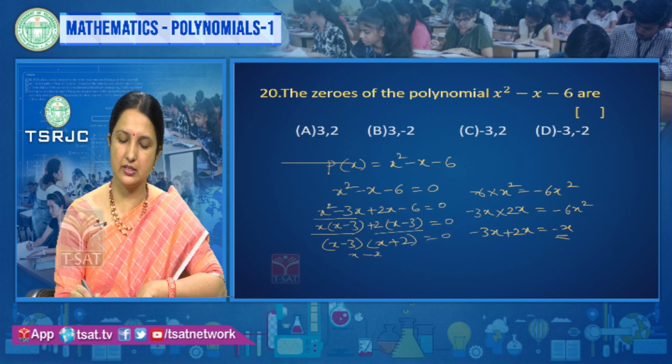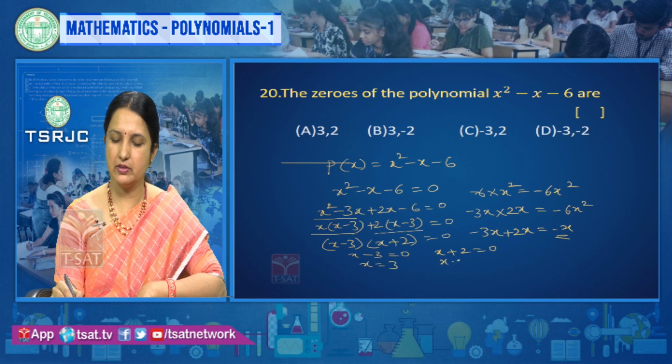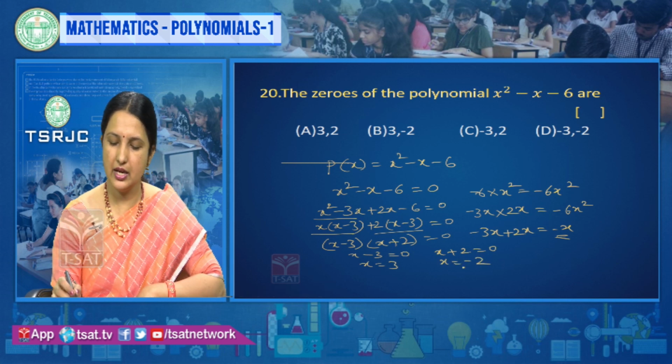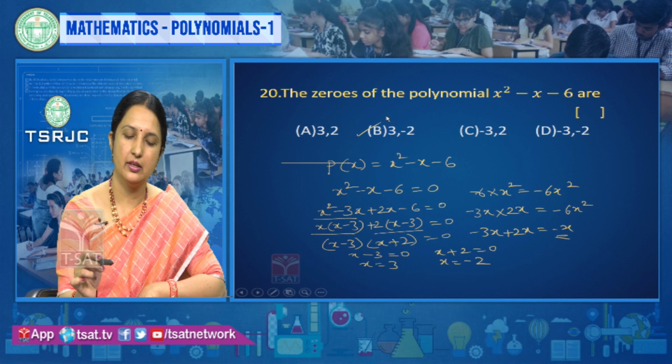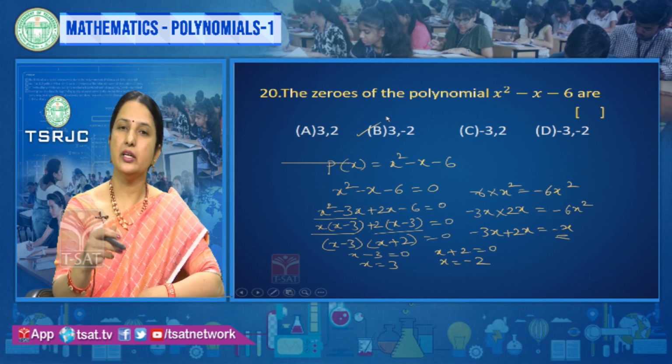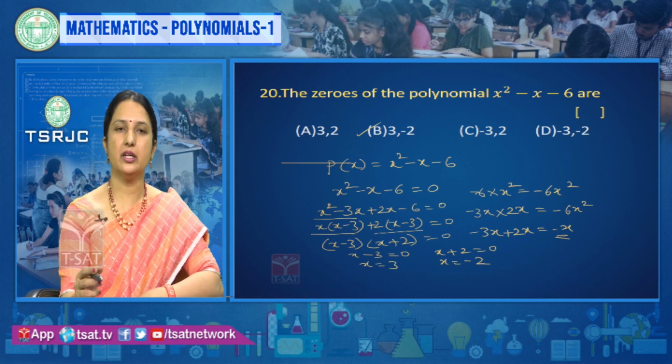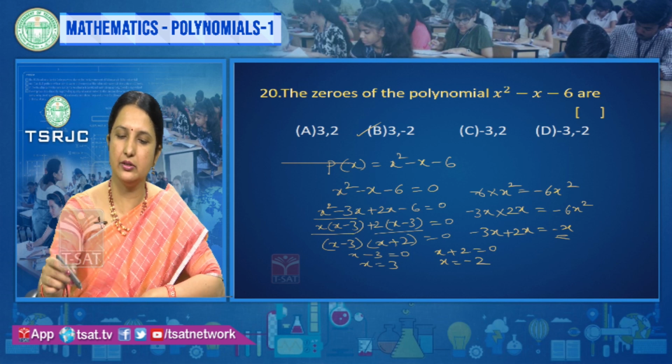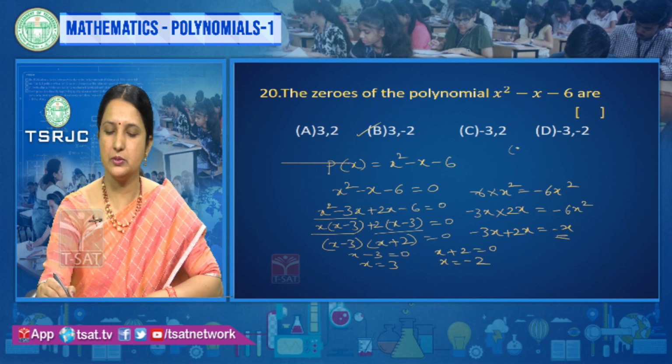So when x minus 3 equals 0, x equals 3. When x plus 2 equals 0, x equals minus 2. So 3 and minus 2 are the correct options. Or if you don't know this method, you can go from the options 3 and 2. You check here. Substitute in the place of x, 3 square minus 3 minus 6.